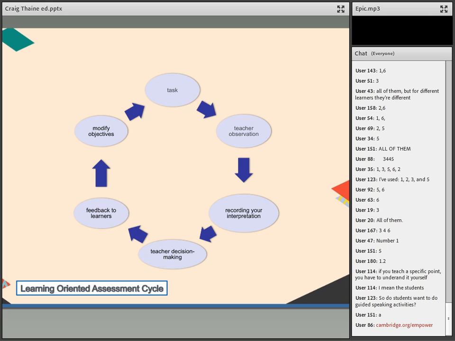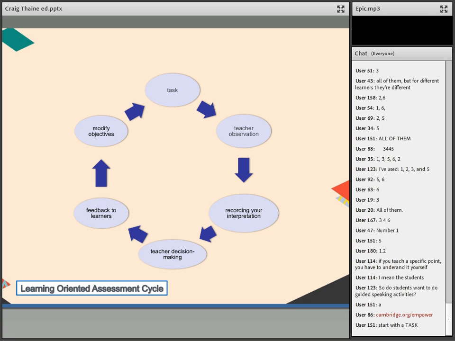So in effect, the learners do a task, the teachers observe. They note how well the learners are doing tasks. They decide what they're going to do. They give feedback to the learners, what these advanced learners want. And then on the basis of that feedback, the teacher would modify objectives for the advanced level learners.